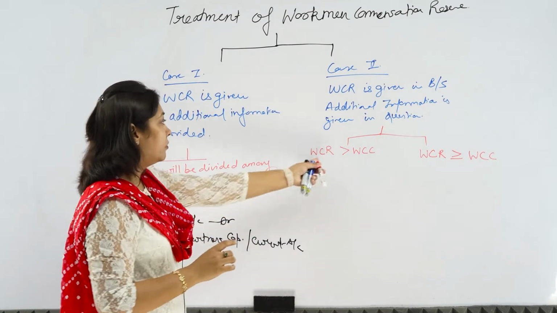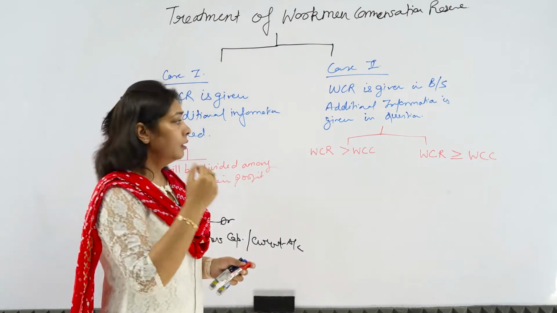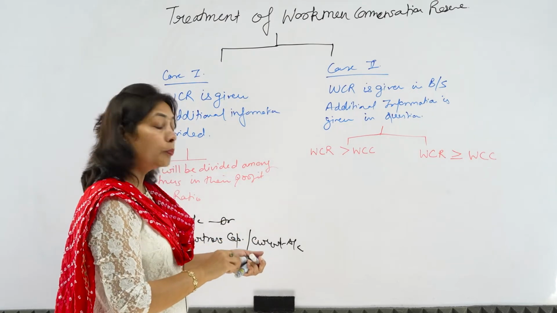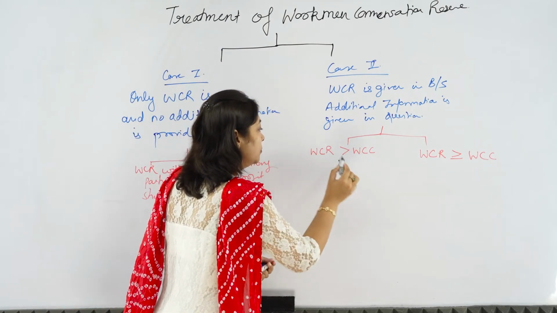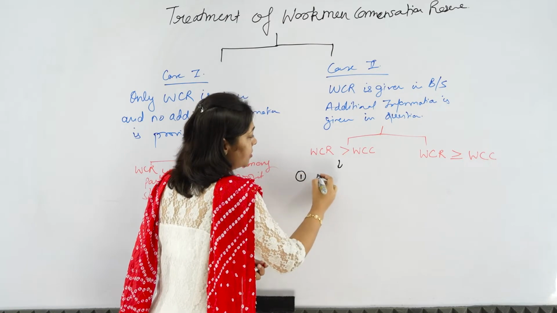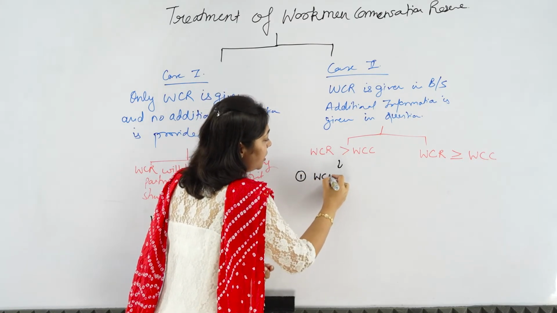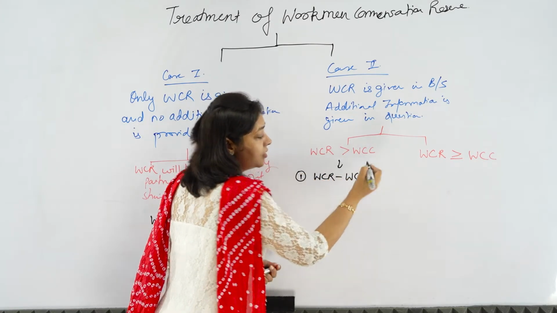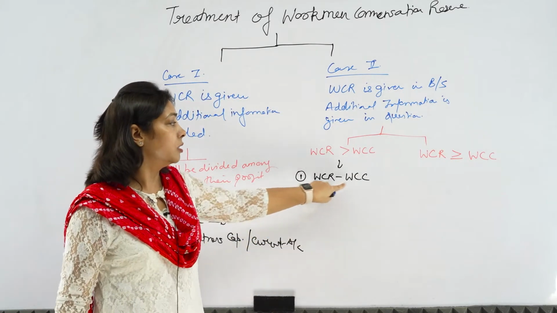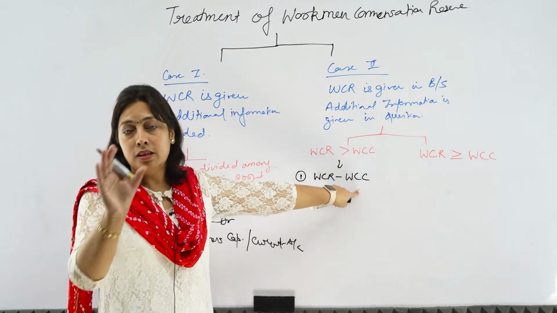Now when WCR is greater than WCC, we have to do two things. First of all, WCR minus WCC, whatever is the amount. Suppose WCR is 10,000 and WCC is 8,000. The difference is 2,000.